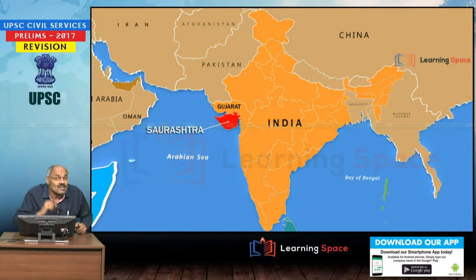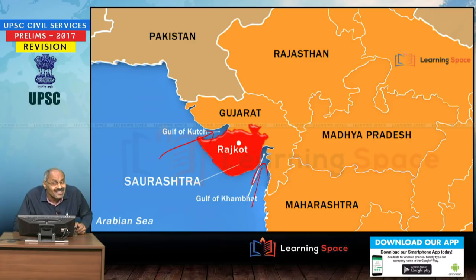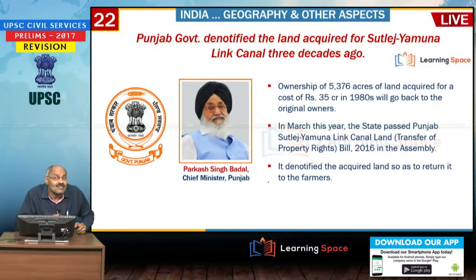So, this is the Saurashtra region, we discussed yesterday. Saurashtra's important city is Rajkot, with the Gulf of Kutch on one side and the Gulf of Khambhat on the other. So, please do not forget Rajkot is the important city of Saurashtra region. So, Sauni Yojana will ultimately benefit the Saurashtra region of Gujarat.